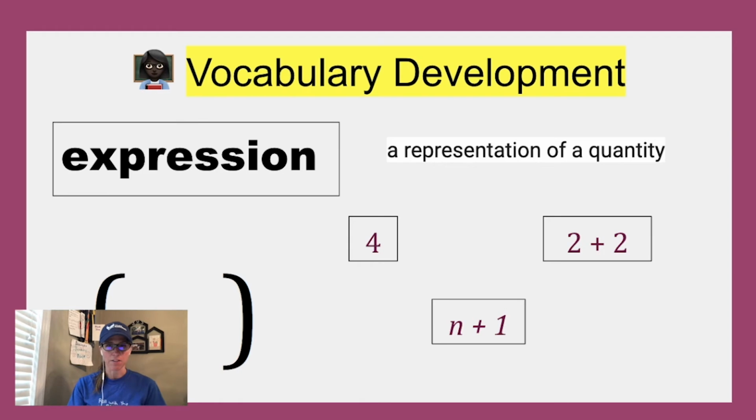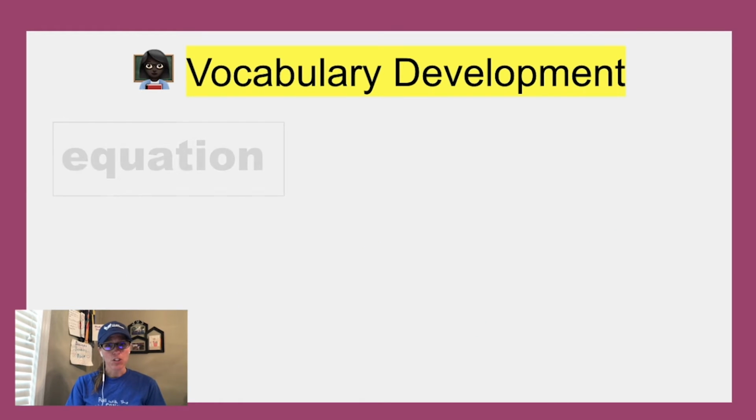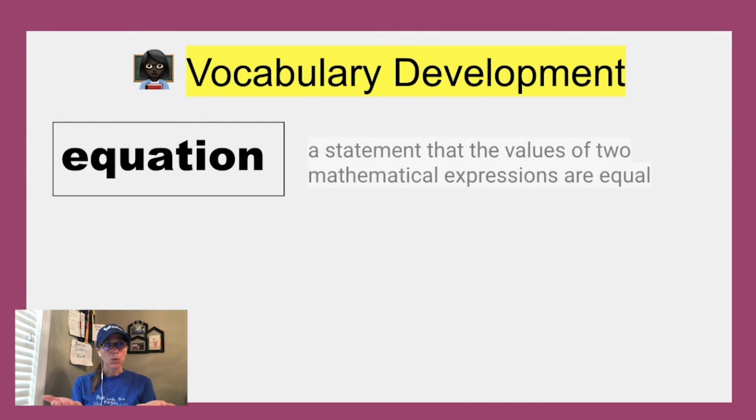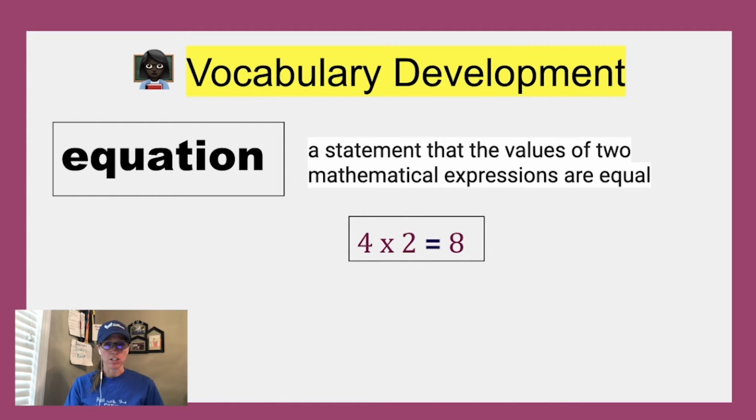A lot of times, mathematicians will use parentheses, that symbol, to show an expression, and that just means everything is grouped all together. So, another term we're going to be talking about is the term equation. Say that with me. Equation. An equation is a statement that the values of 2 mathematical expressions are equal. Remember, we were looking at expressions before, so an equation has 2 equal expressions.